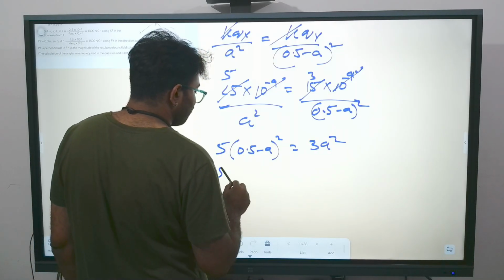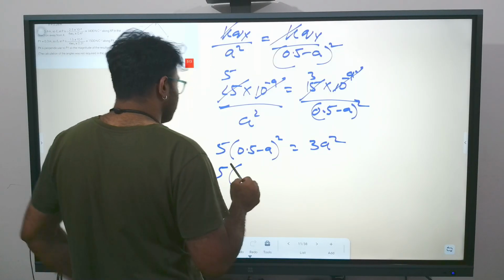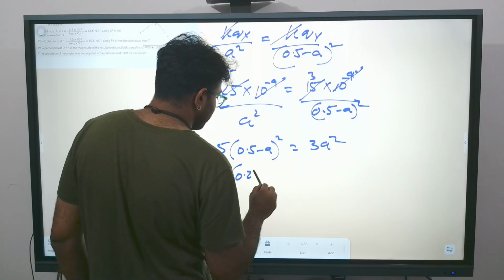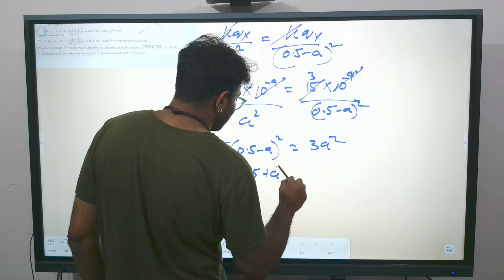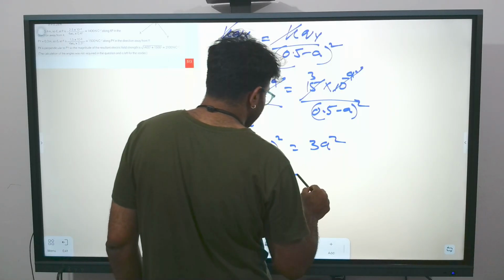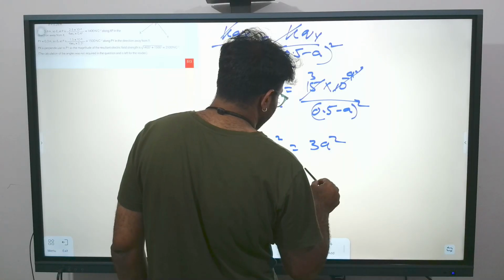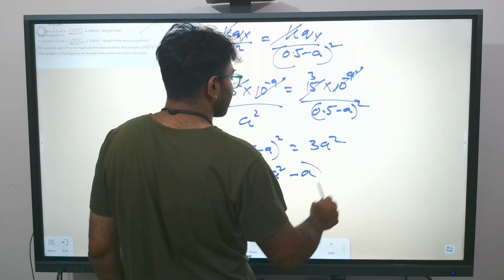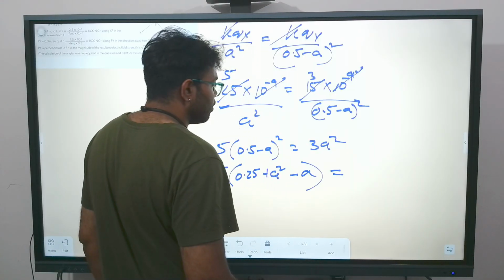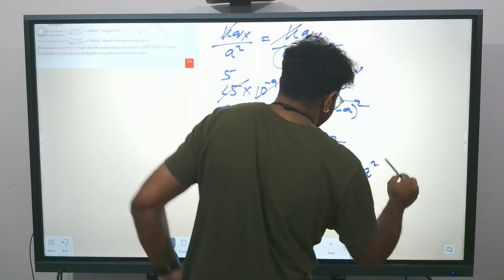So basically 5 into 0.5 the whole square is 0.25 plus a squared minus 0.5 into 2 is 1 times a is equal to 3a squared.